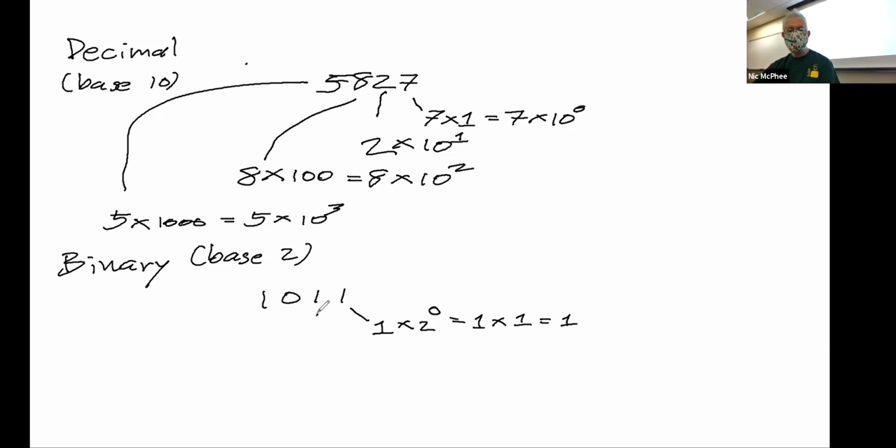This is going to be a 1 times 2 to the 1, because in our positioning, right, we have 0, 1, 2, 3 for our positions. So we're at the 2 to the 1 position, which is 1 times 2, which is 2.